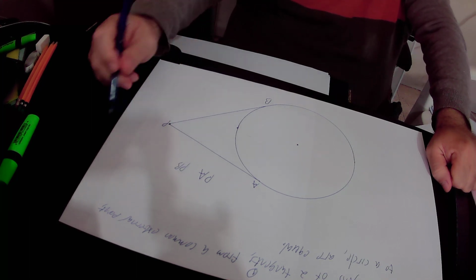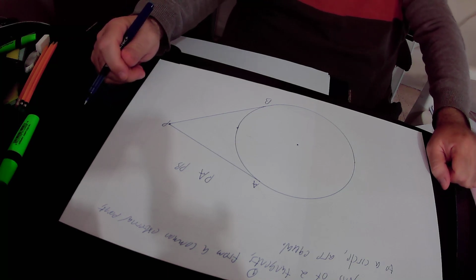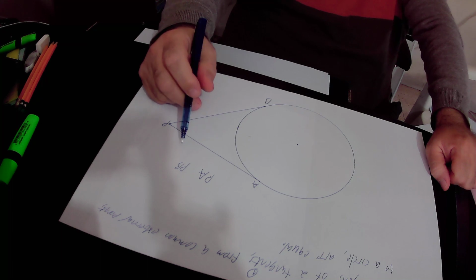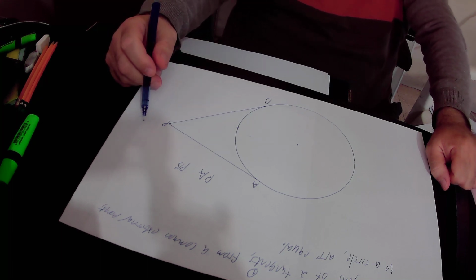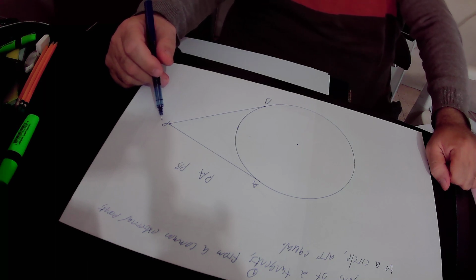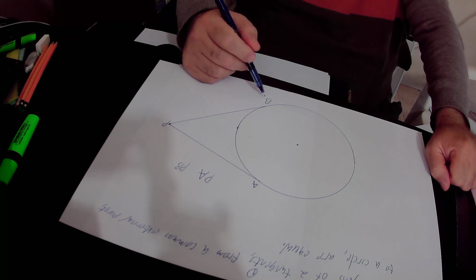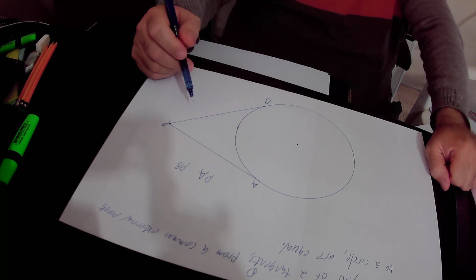And according to rule number 1, the lengths of two tangents, that is to say PA and PB, from a common external point, point P, to a circle, to points A and B, that is the points on the circle itself, are equal.